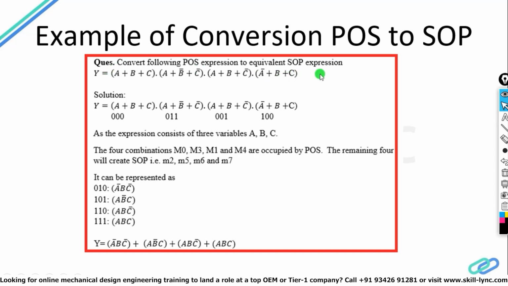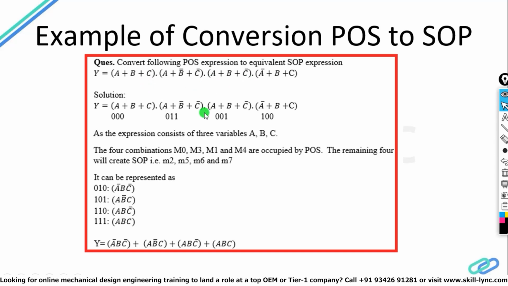First of all we will identify whether it is SOP or POS. Because these are sum terms and there is an AND operation in between the sum terms, it means it is POS. The very first thing is clear. Now we have POS, it means we should have max terms. So we will extract the max terms from this POS.